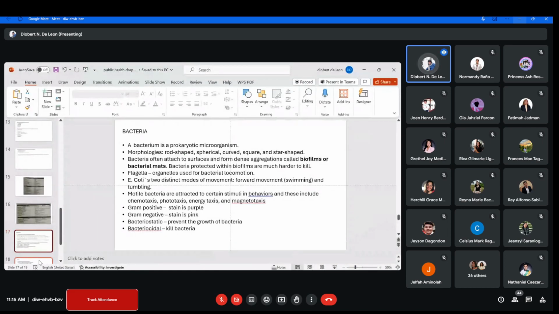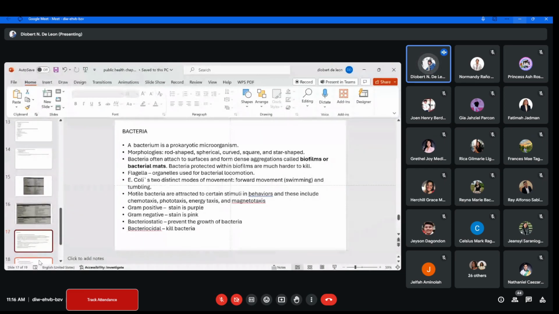No? So now moving on to our next topic, which is the bacteria, no? So it's very important for us to identify what bacteria causes the disease so that we'll be able to also understand and give an appropriate medical intervention to the person who has that kind of disease.